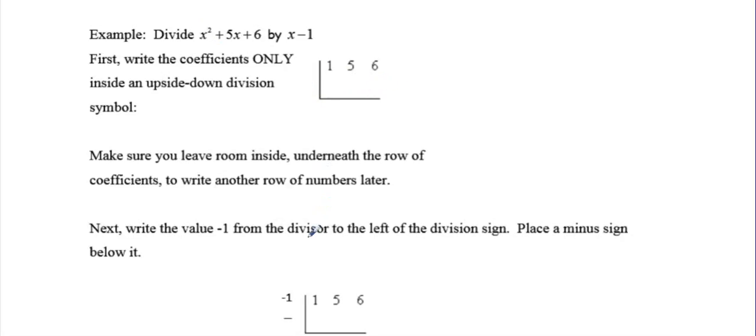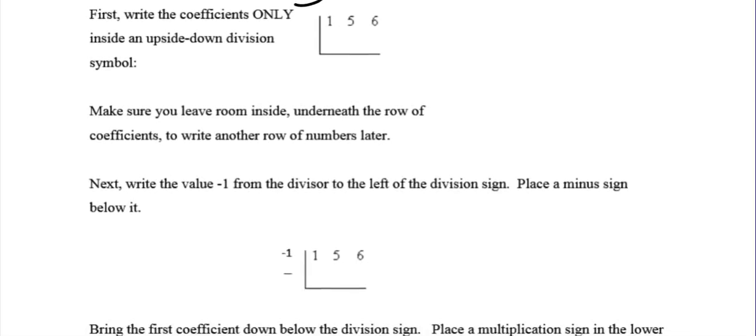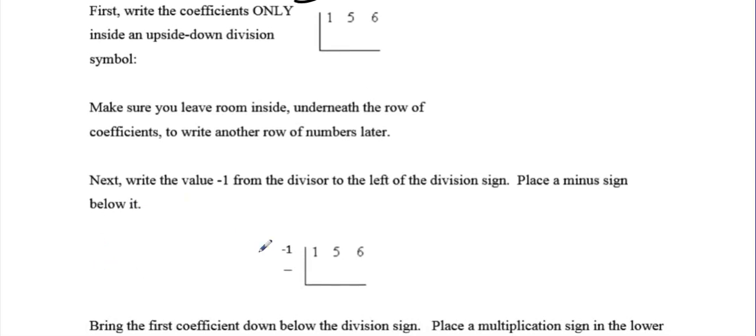Okay? Then from there on in, you look at your divisor and you take this number as is. You do not change the sign. You put it to the left of your numbers. And you're going to put a minus sign below it.